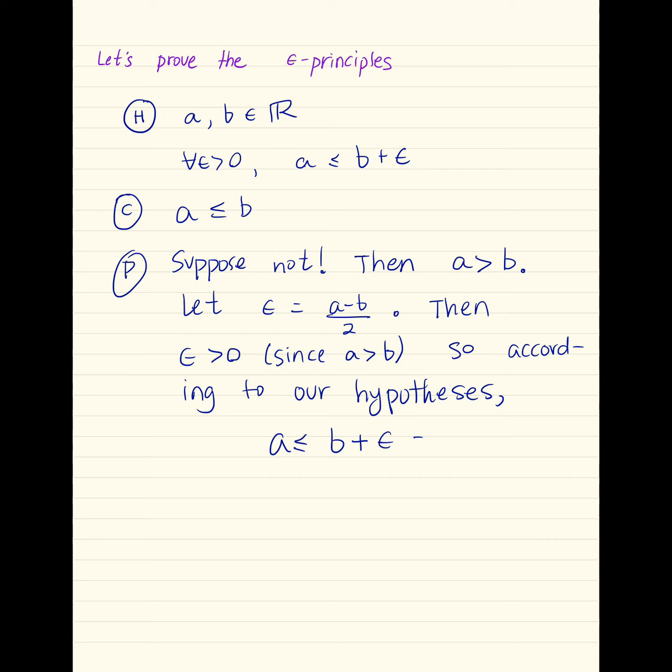But what is B plus epsilon? B plus (A minus B) over 2, right? So we've got A is less than or equal to B plus (A minus B) over 2.